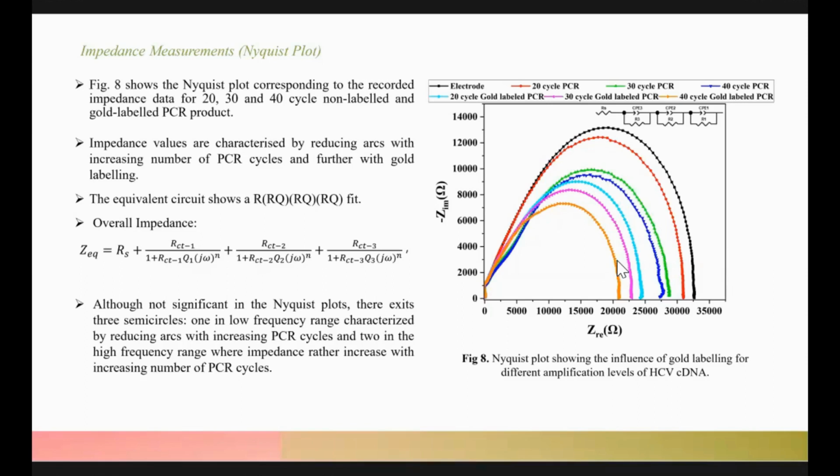So there is a large number of single-stranded DNAs which couldn't hybridize, and because they have very low charge associated with them, they couldn't form the dipoles and couldn't form the ion clouds in the solution. They just accumulated and resisted the charge flow in the solution. So that's the reason.